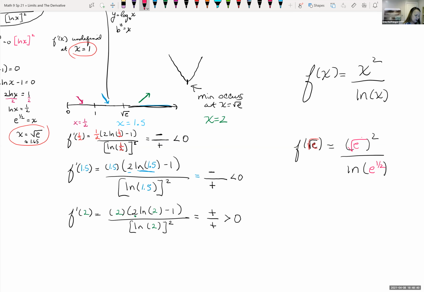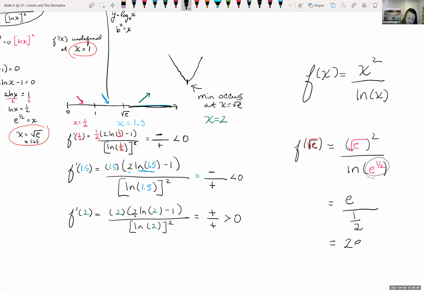Well, the square root squared, that's going to fall away. So that just gives me an e in the numerator. The denominator is saying, what am I going to raise e to get back e to the 1/2? Well, I have to raise e to the 1/2 power to get back e to the 1/2. So we can invert and multiply by the denominator because we have a division of fractions.